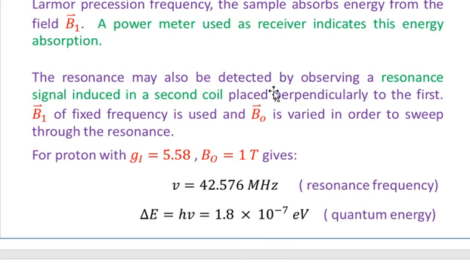The resonance may also be detected by observing a resonance signal induced in a second coil, placed perpendicularly to the first one. So you see that here we have used the power meter as a receiver that would indicate the absorption of energy by the sample from the field B1.